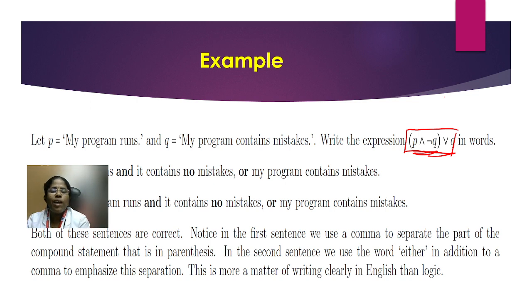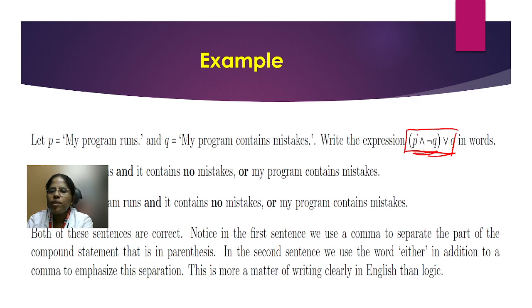Let us have one example. If you have p as my program runs, as shown in the slide here, and q represents my program contains mistakes. Write the expression for p and not q or q inverse.